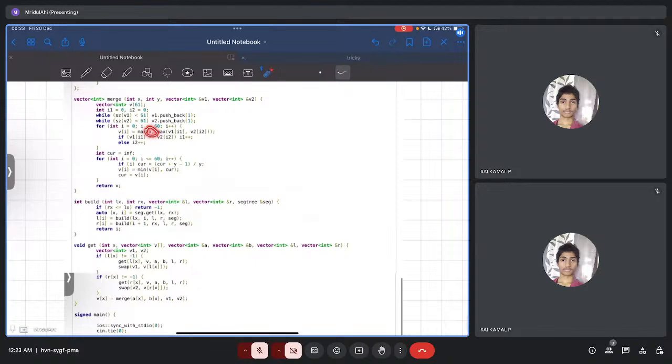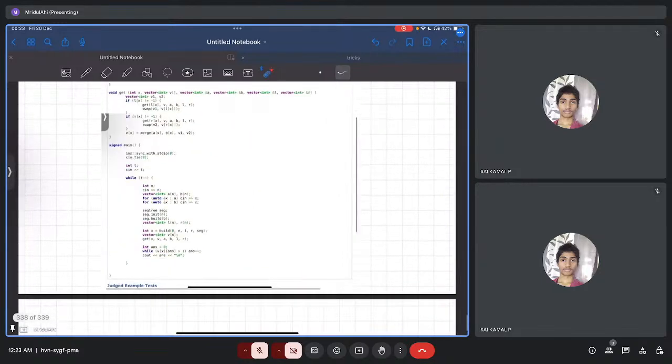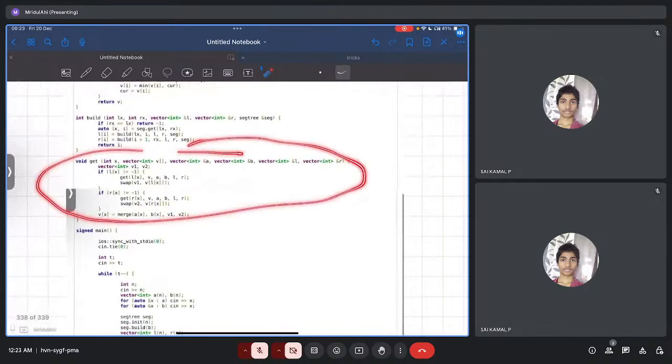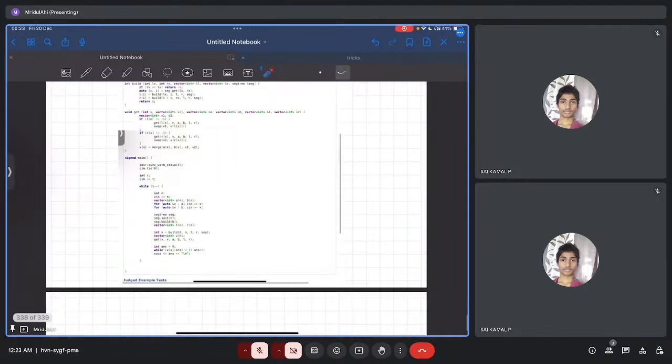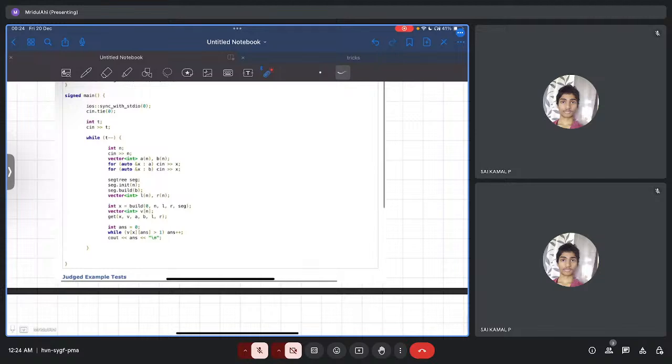X is the value on the root of the subtree. This get function iterates over the tree, gets the values for the subtrees, and then merges them. In the end, we find the first k such that v of x of answer is equal to 1. Then output the answer. X here is the root.